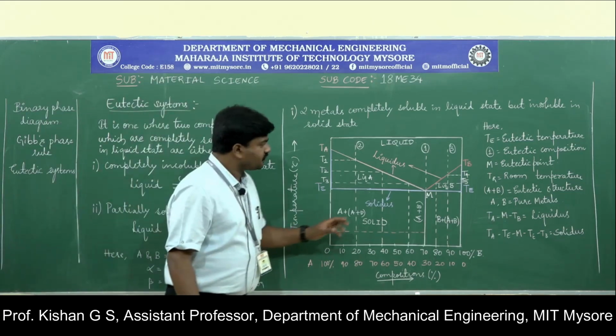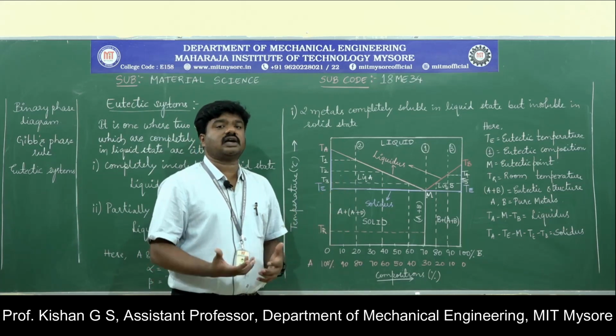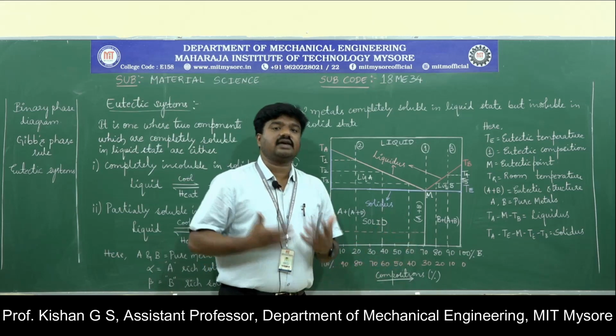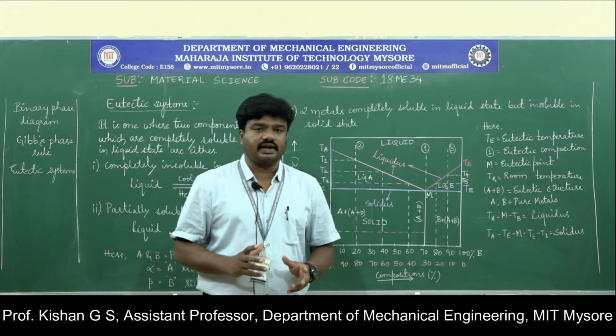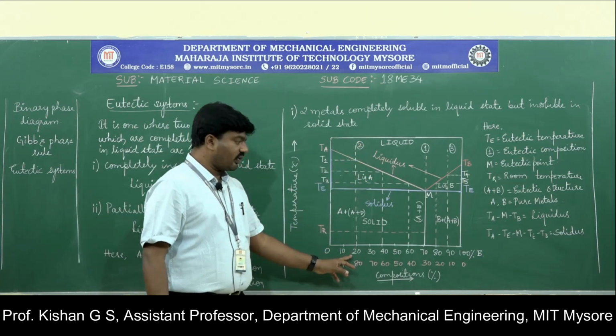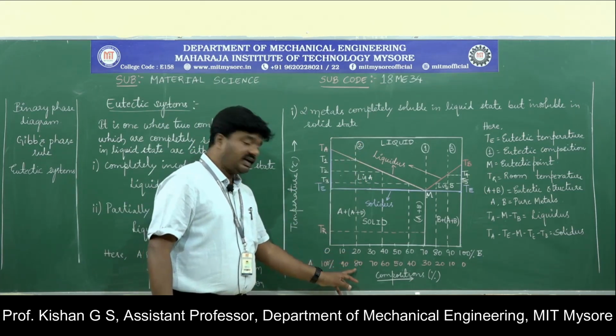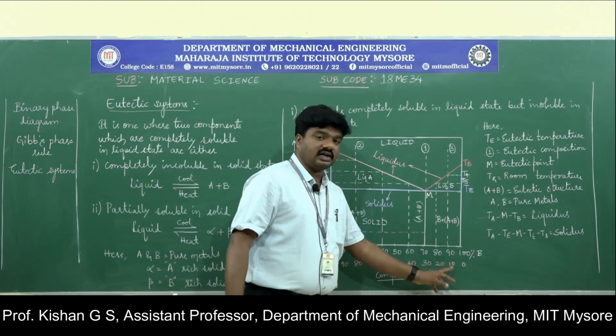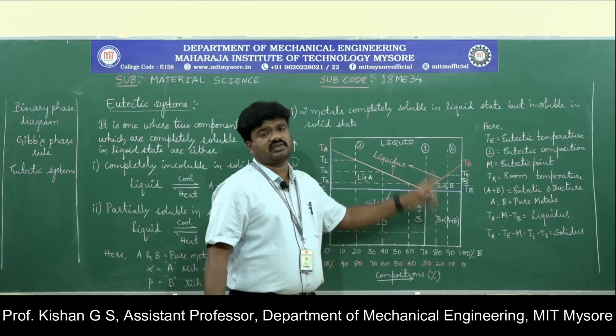Here, for the purpose of understanding, along with the eutectic composition, we can take any combination. We have taken composition 2 here, which represents 20% of B and 80% of A. Similarly, 90% of B and 10% of A is considered as the third composition.